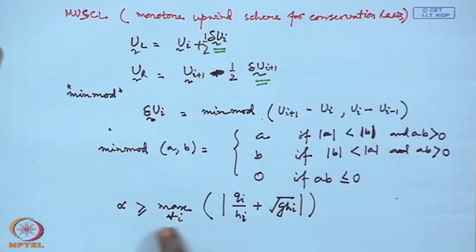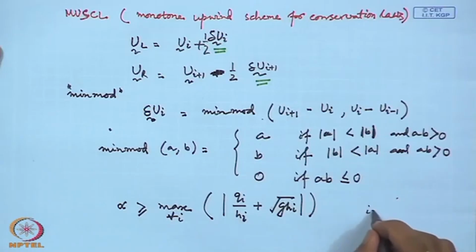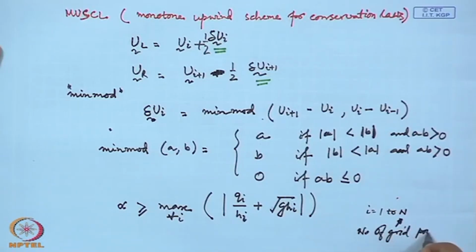That means considering all i's, that is i starting from 1 to n, n is the number of grid points, we can calculate the minimum value of alpha. So, alpha should be greater than this level.